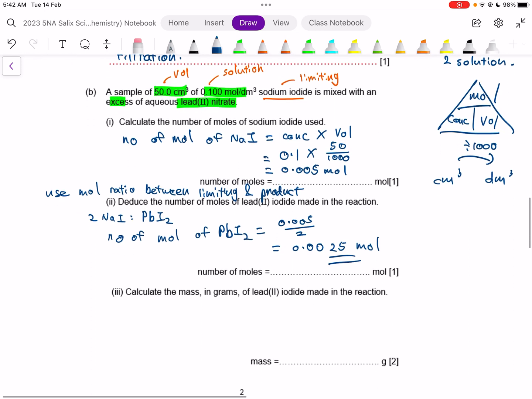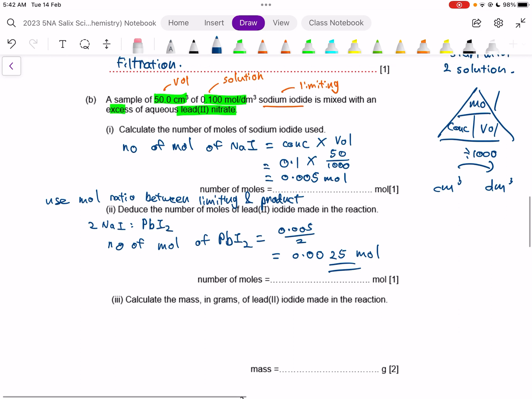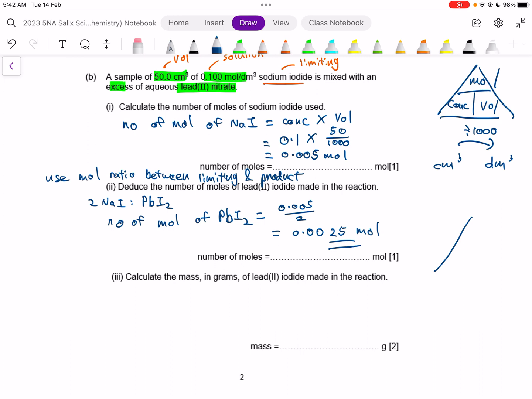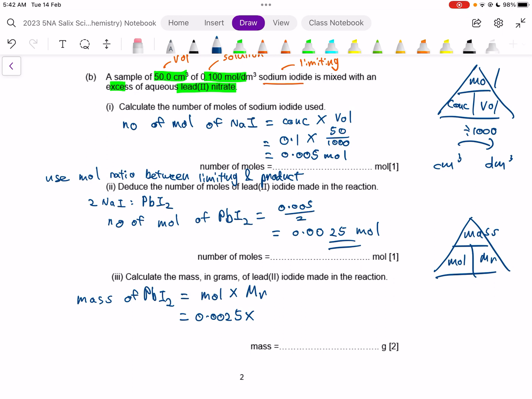And lastly, I must find the mass in grams of lead(II) iodide. So what I do is this: this one is the mole, MR, mass formula. You've done this in N level already. I want to find the mass of lead(II) iodide, so you take the mole multiplied by the MR. So mole is 0.0025. MR, you have to look up the periodic table.